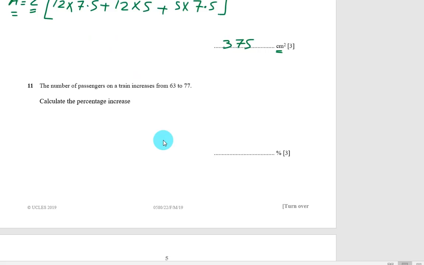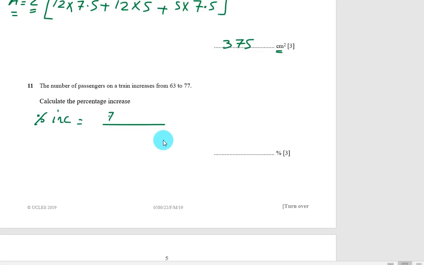The number of passengers on the train increased from 63 to 77. Calculate the percentage increase. So we need the percent of increase. The percent of increase is equal to, now how much is the difference?